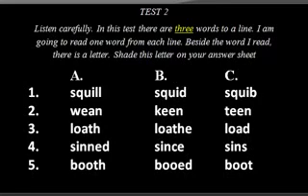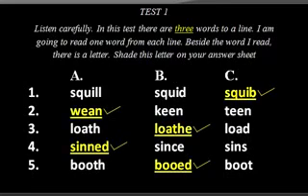Okay, so let's take a look at the answers. These are the answers. For example 1, the word I read was squib, S-Q-U-I-B. Now, this is the correct answer because out of the 3 options provided, it was the only word that ended with a B sound.